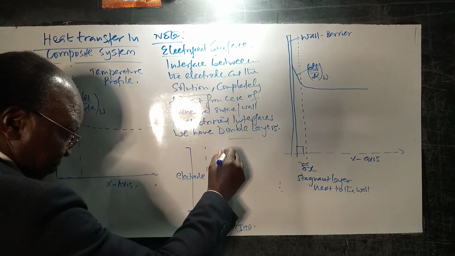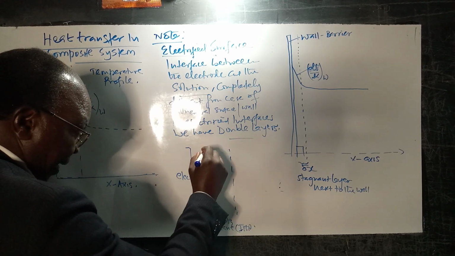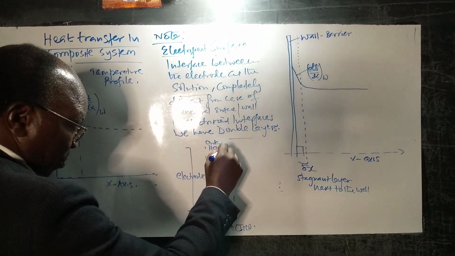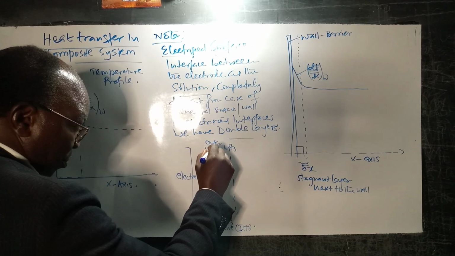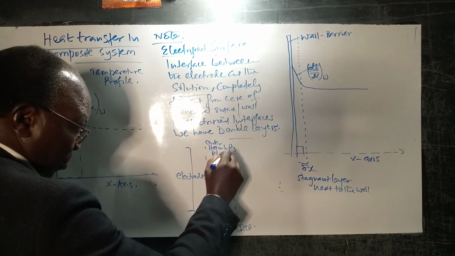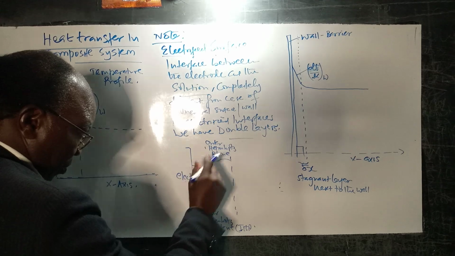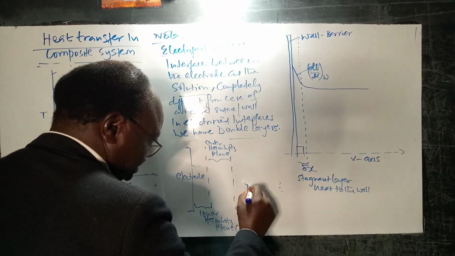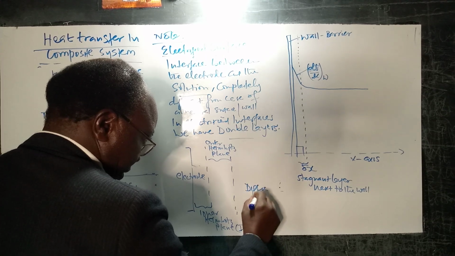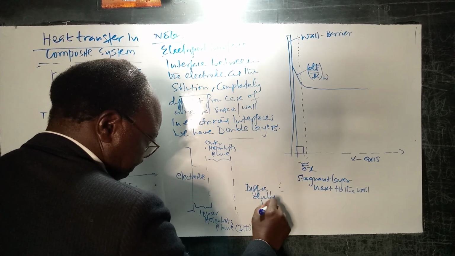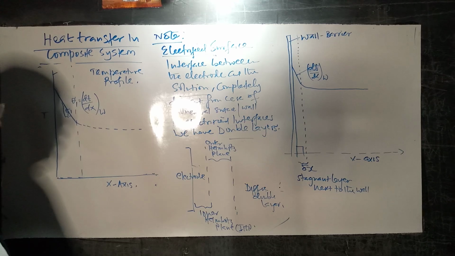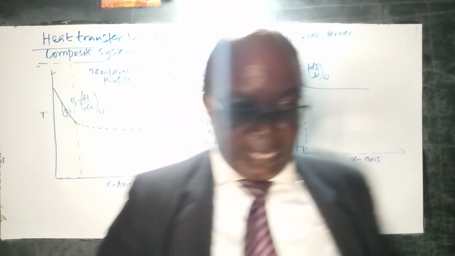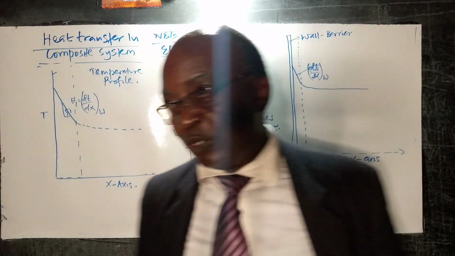We would have the outer Helmholtz plane, and you'll have what's called the diffuse double layer. Very important. Note that these surfaces, the interfaces, depend on what kind of surface you're dealing with.